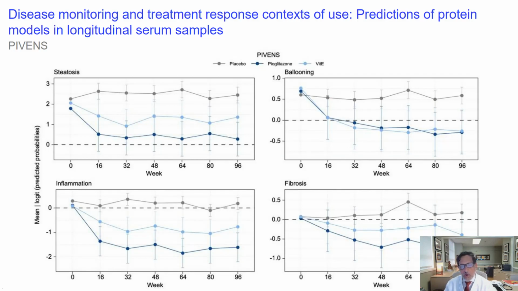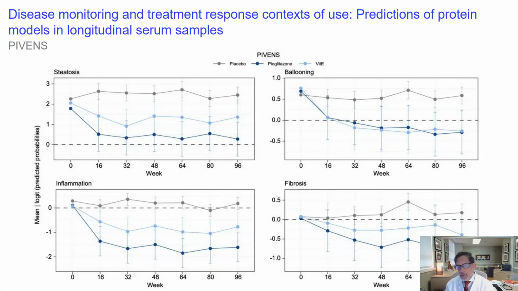And you're seeing this response in steatosis, in pioglitazone, shown in the dark blue, vitamin E, a little bit less, and the placebo is relatively flat, also indicating that the proteomic signatures are relatively specific. So they were able to cleanly separate out the placebo arm from these treatment arms.